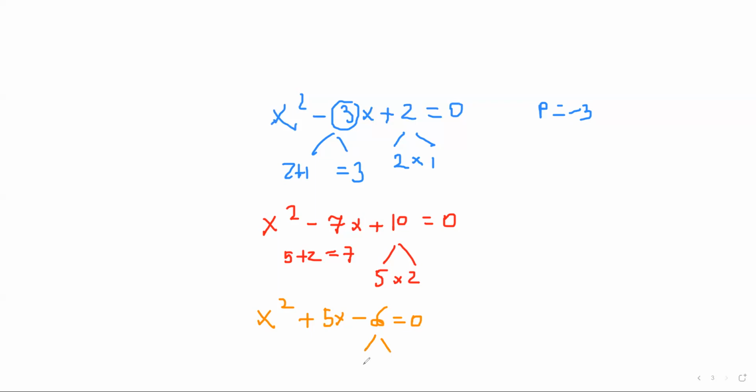So you can tell that it is minus 6 and 1, because when we multiply them we get negative 6, and when we add them we get negative 5. You have to pay attention again to p. p in this equation is 5. However, we take negative p, so it's going to be negative 5. We are interested in negative p here.